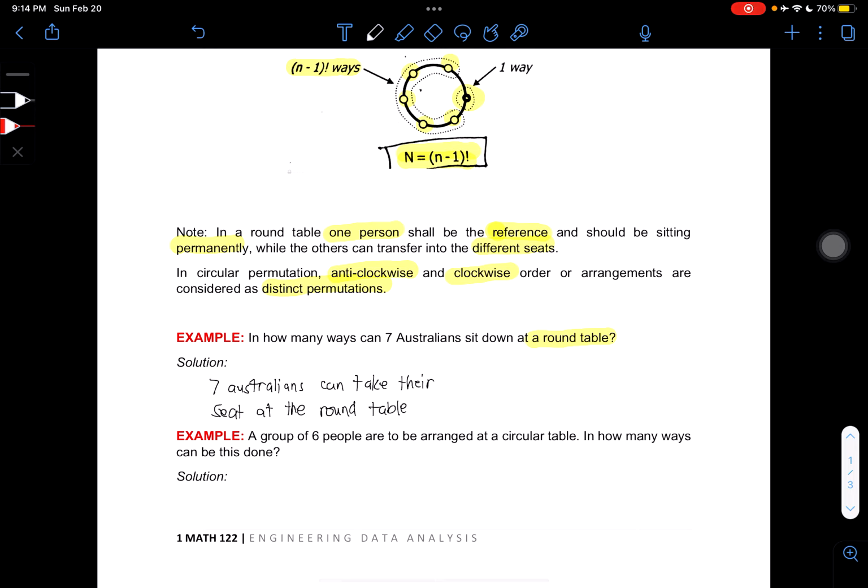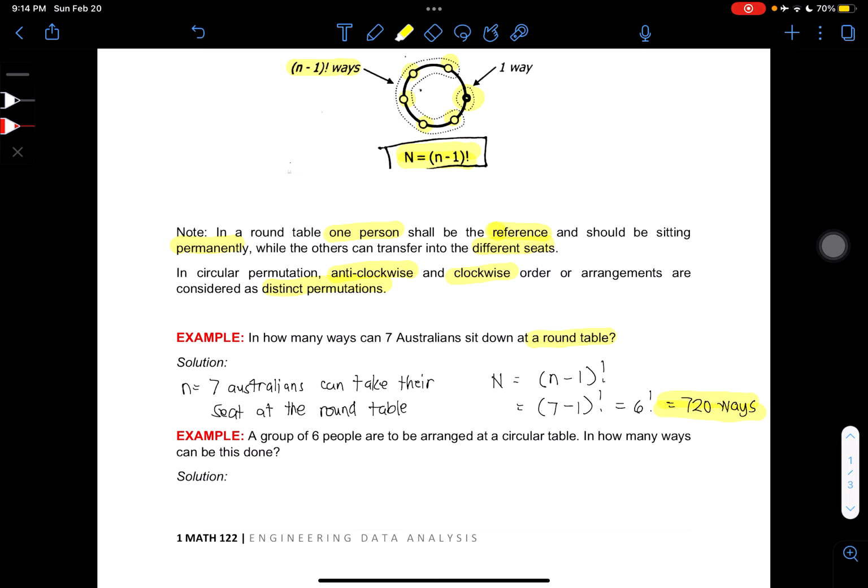The formula for circular is n is equal to n minus 1 factorial. Our n is 7, so we have 7 minus 1 factorial, which is 6 factorial, or in our calculator we have 720 ways. Therefore, 720 ways is our final answer.